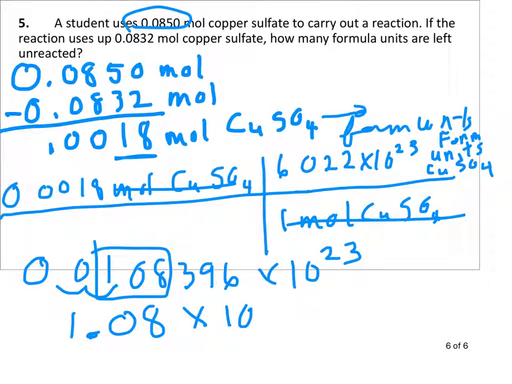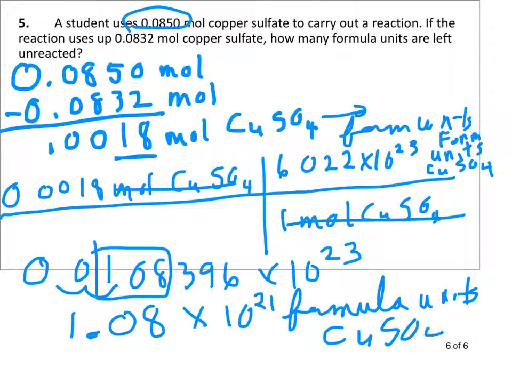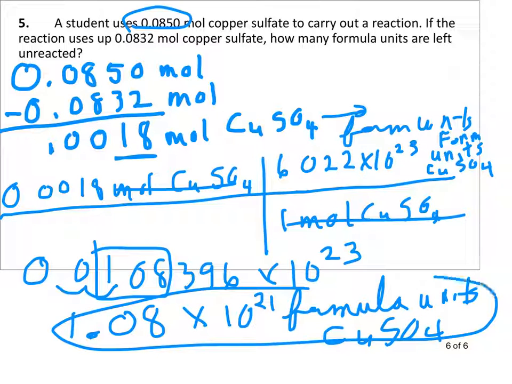I want to make this number smaller, so 21. Formula units of CuSO4.